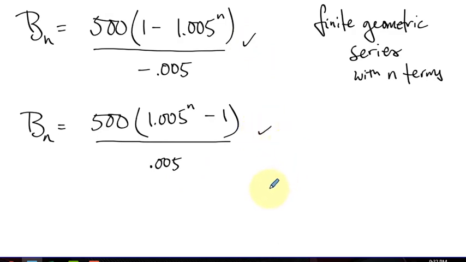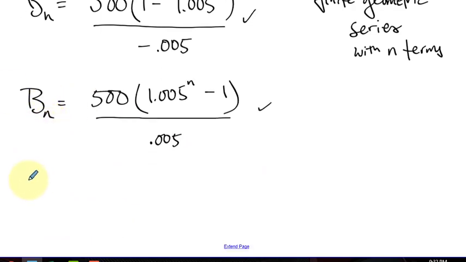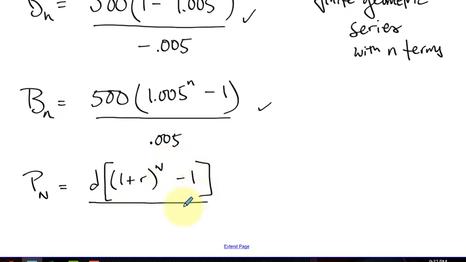I haven't answered the question yet, but I wanted to pause on that just a minute to talk about the way that we write it in finance: the principal after n payments is whatever the payment is. We have to be careful with the grouping symbols, so to be clear, let's do 1 plus r to the power n minus 1 over r.